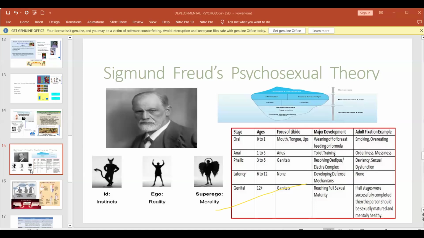As an adult, there are personality deviations. What are those personality deviations?